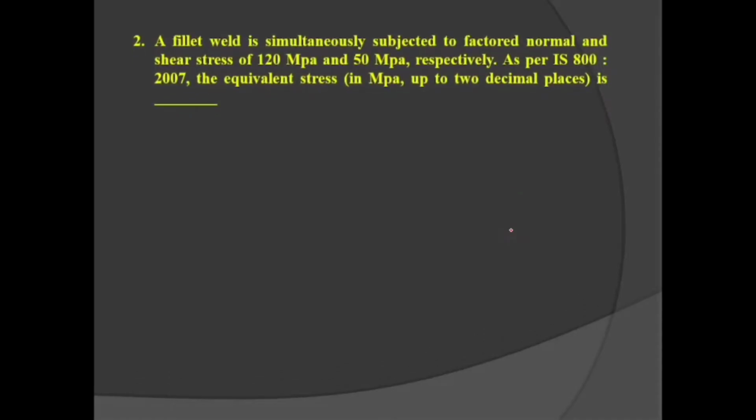Now, the second question is, a fillet weld is simultaneously subjected to normal and shear stress. The same question is there. We have to calculate the equivalent stress, and as we know, equivalent stress is equal to the square root of sigma square plus 3 times tau square.